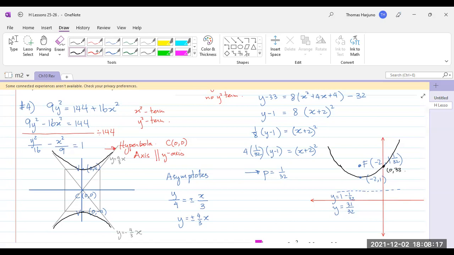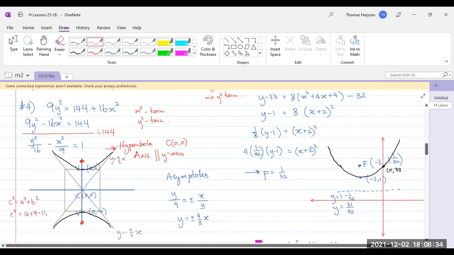And where's the focus now then? The focus will be, of course, somewhere here. But what are the coordinates of the focus? For the focus, c squared equals a squared plus b squared. So c squared equals 16 plus 9, which is 25. So c is 5.